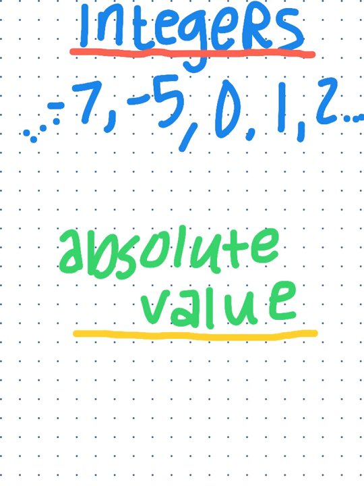Well, absolute value of an integer is the distance between the number and 0 on a number line. So let's just say you had the question, the absolute value of 1. Okay, so what is the absolute value of 1? This is how I remember, okay? These are the two things that it has to be. First, it has to be positive, okay?